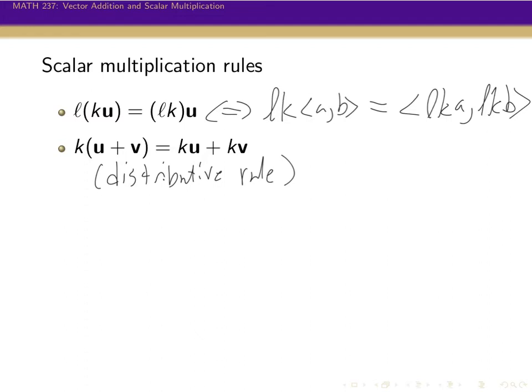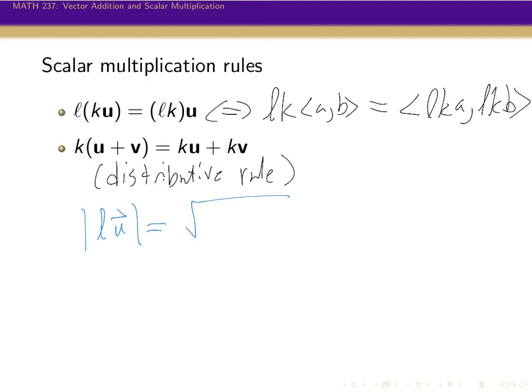So how does L affect the length of u? So this is, remember, the bars, the absolute value bars on the other side is asking about the magnitude of u. So this is asking about the magnitude of L times u. Well, so if u is AB, we do L times it.